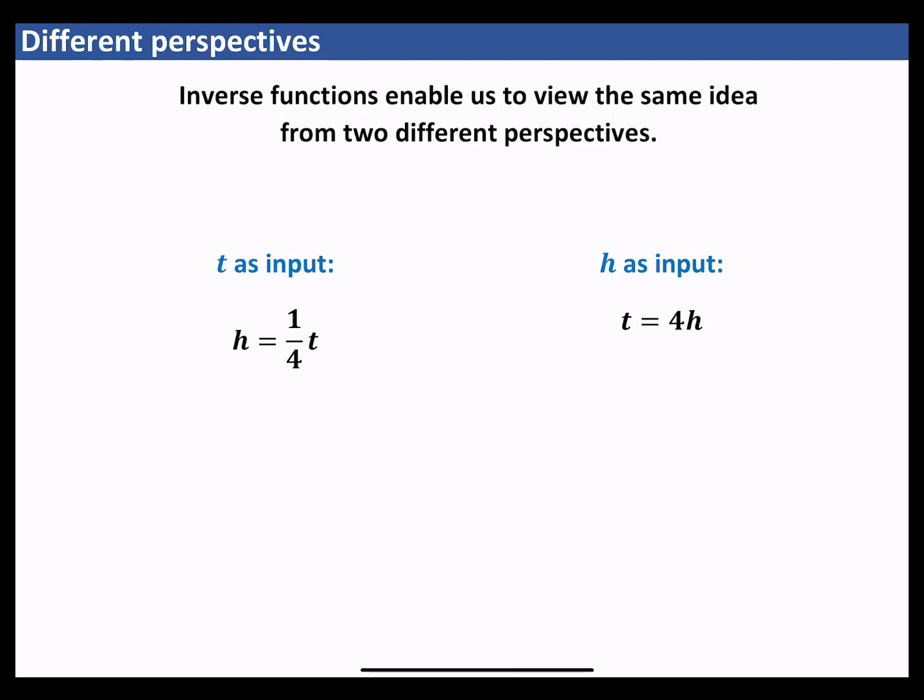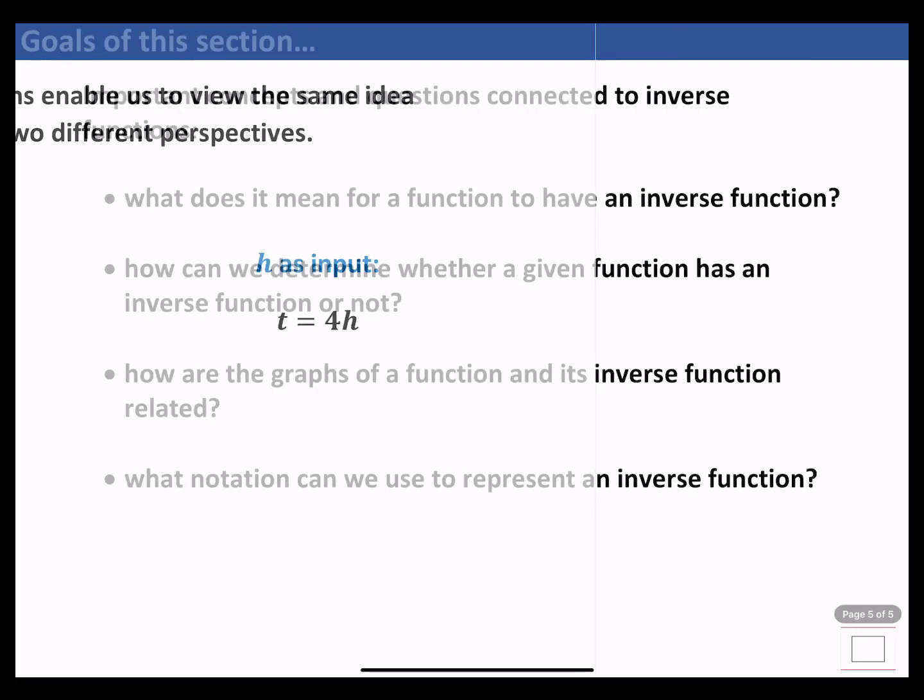These two equations say the exact same thing, but one does so from the perspective of t as an input, while the other does so from the perspective of h as an input. It turns out that we can think of these two formulas as being inverse functions, since the processes that correspond to them undo one another.